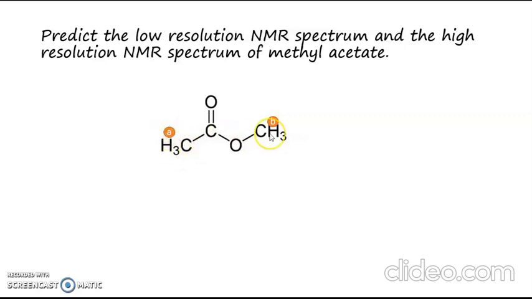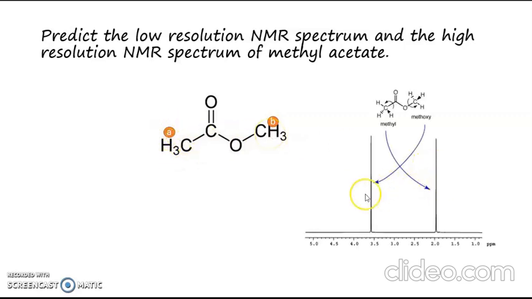They are different, but they both give single signals. In the high resolution as well as the low resolution NMR spectrum, we will get only singlets. This is only for you in this NMR spectroscopy, and I hope you understand the splitting of signals, position of signals as well as intensity, etc.